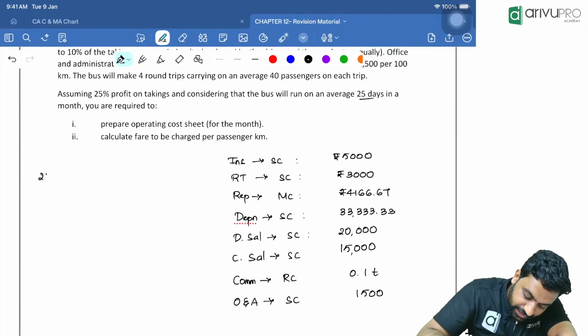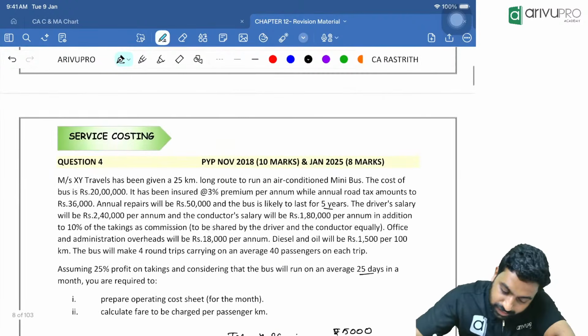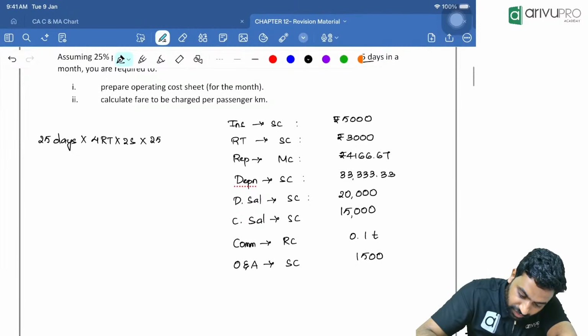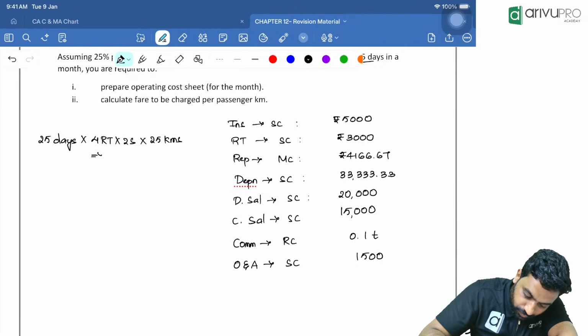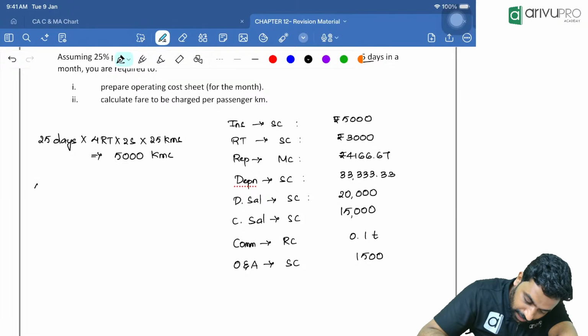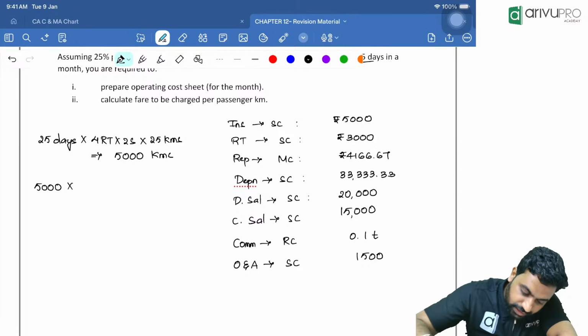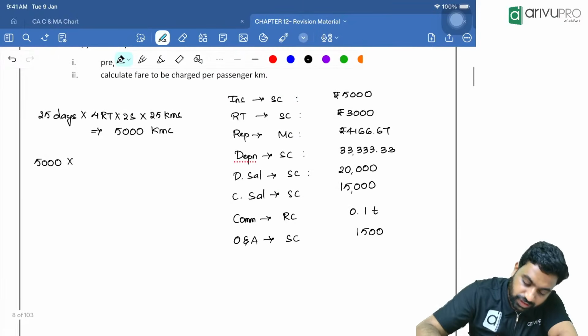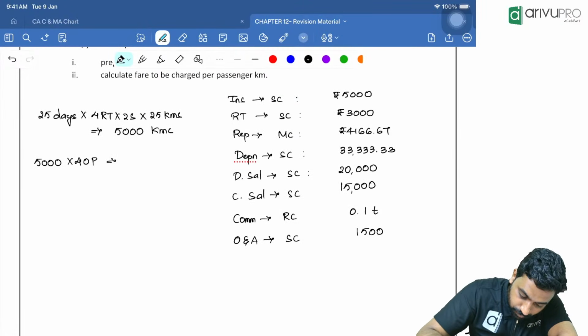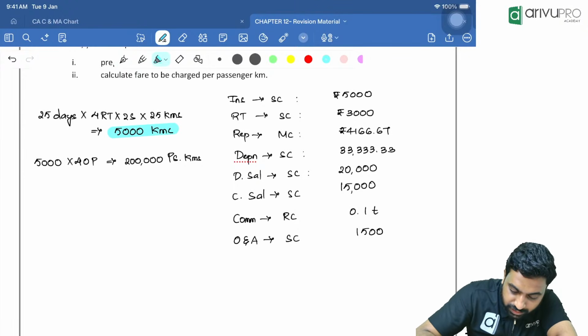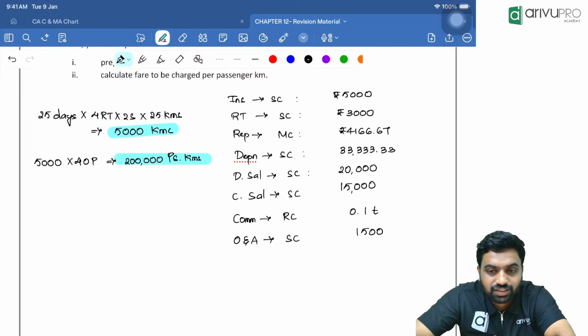So 25 days into 4 round trips of two sides of 25 kilometers is 5,000 kilometers. On an average we are carrying 40 passengers, so that is 2 lakh passenger kilometers.